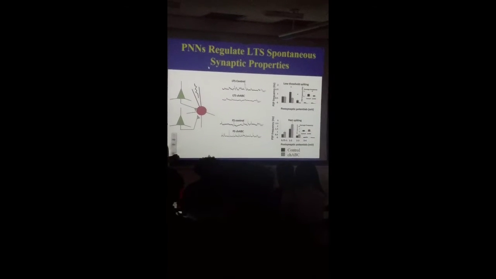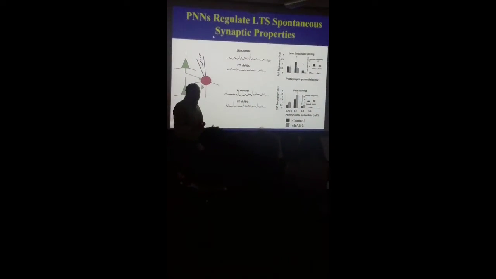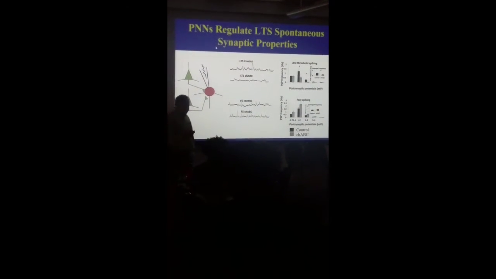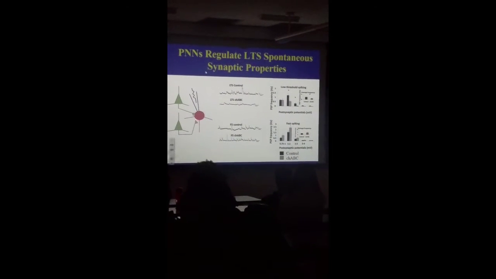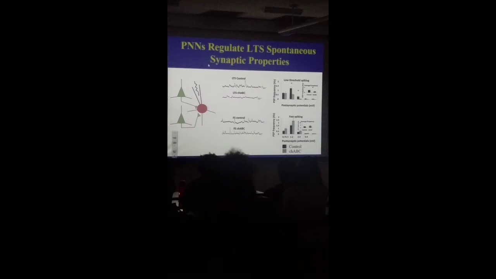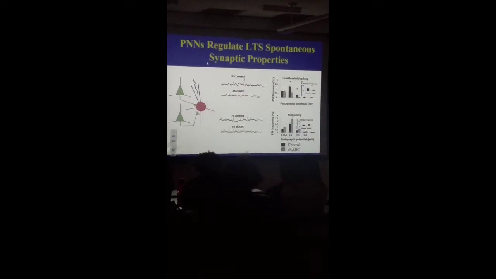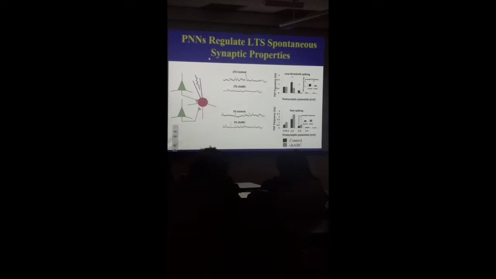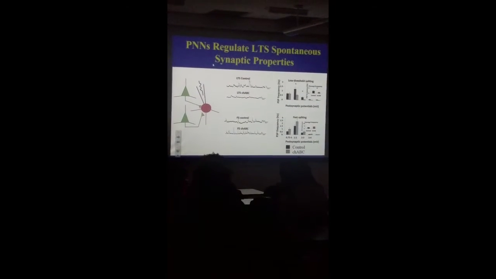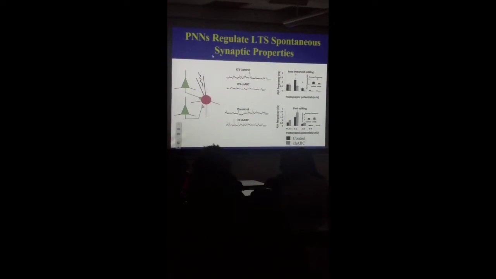So how does this impact the network? We wanted to look at the communication between the different cell types. So we recorded from the cells and looked at the inputs. And we saw following digestion that in the LTS cells, the frequency decreases, if you compare digestion to control.